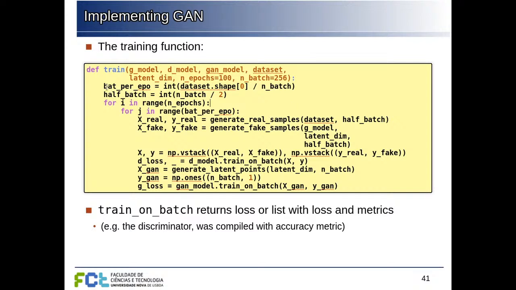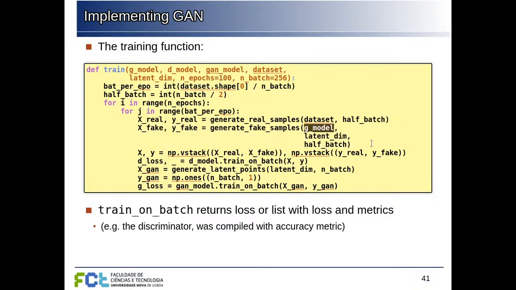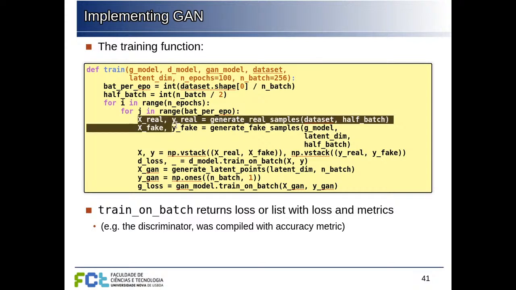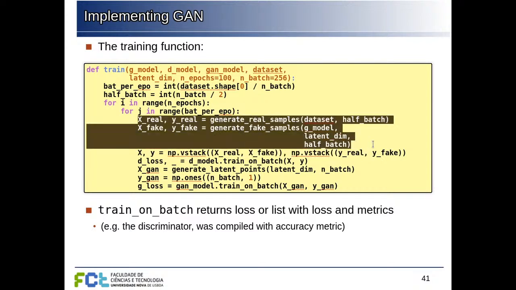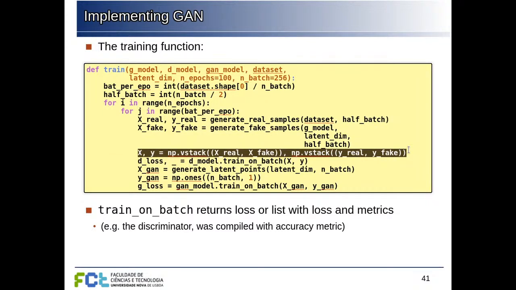We're going to create batches for training the discriminator where half of the batch has real images, and half of it has fake images generated by the generator. So this creates the batch for training the discriminator, and now we are going to stack these two together, to create the batch of real and fake images.